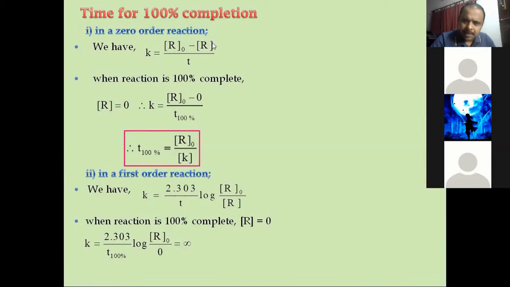Sir, but infinity inside the log is not defined. Infinity inside the log is not defined only, no, sir. So that's what it means: it doesn't complete. Sir, Kishan is telling if zero, infinity is there inside the log, then it is indeterminate.